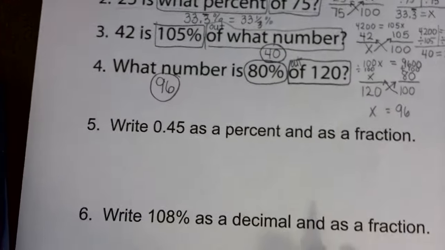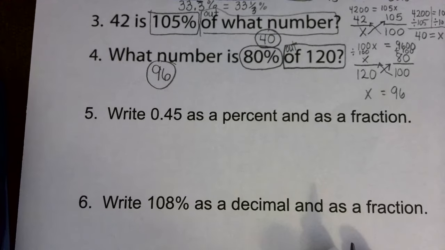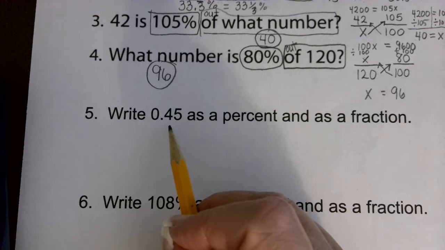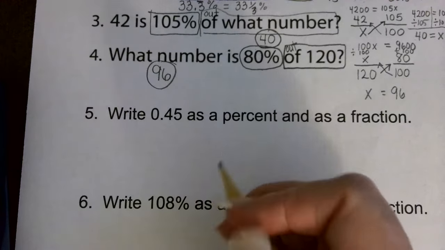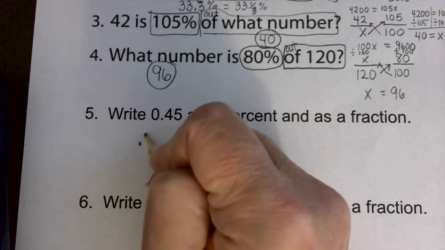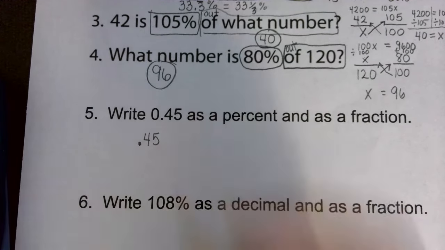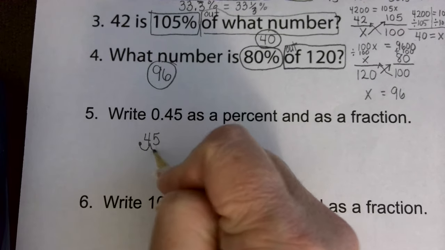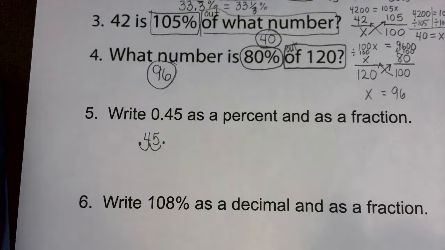All right, then we're going into writing as fractions and percent. So we have the decimal 45 hundredths. When we want to write that as a percent, we take that 45 hundredths. To change a decimal to a percent, we move that decimal place 2 places to the right.